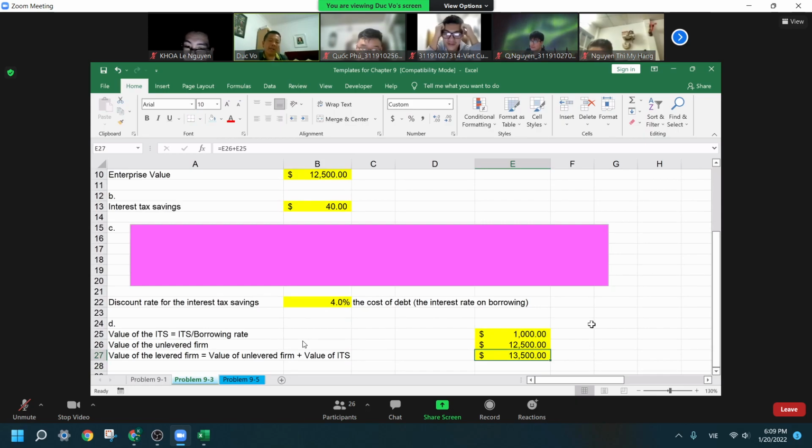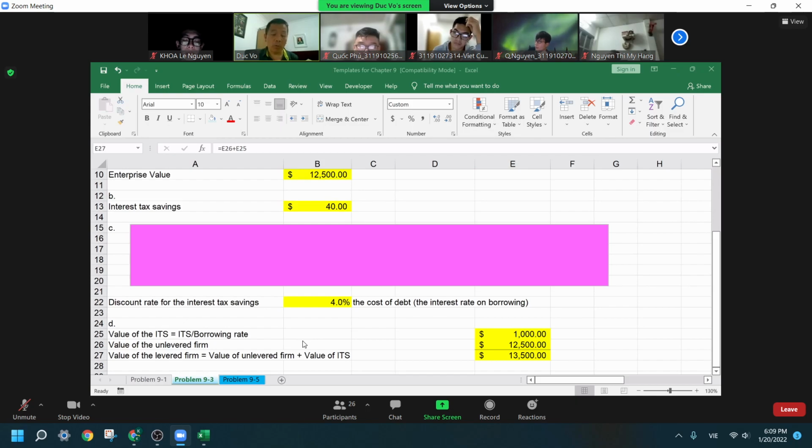And why is it higher? Because you get the benefit of the interest tax saving. It means that you pay less tax to the government, and that explains why the value of the levered firm is higher than the value of the unlevered firm.